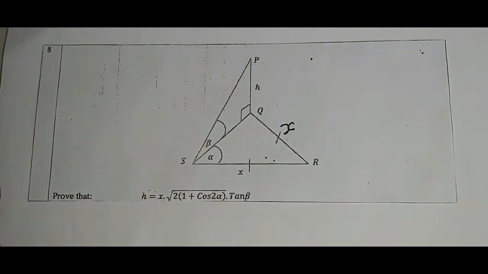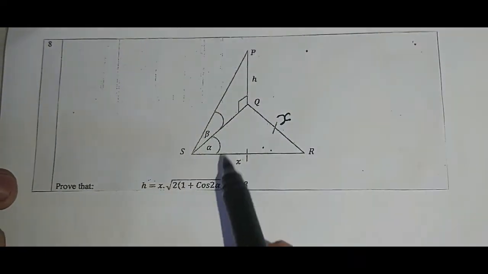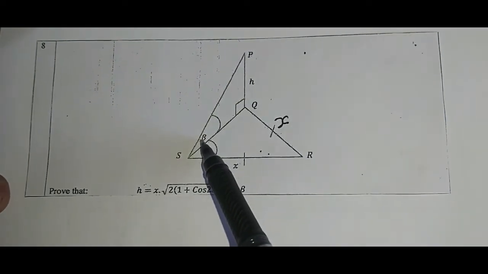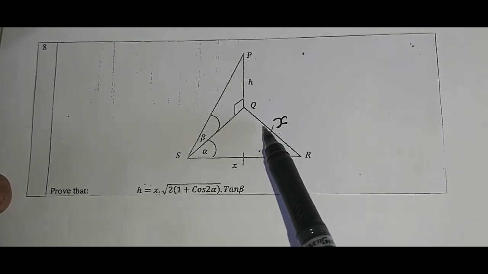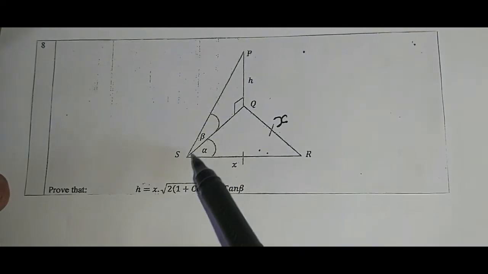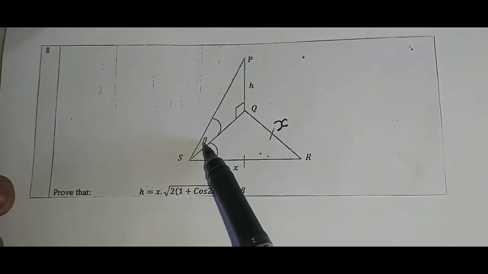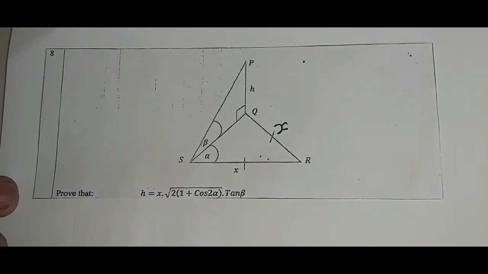So in this case, for us to be able to find H, can you see that we have H there, which is opposite our angle, and because of this triangle on the horizontal plane, we can make use of QS. QS is adjacent to beta. H is opposite to beta, which means we make use of tan.